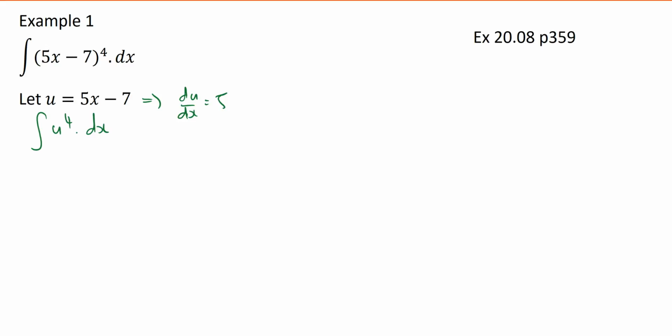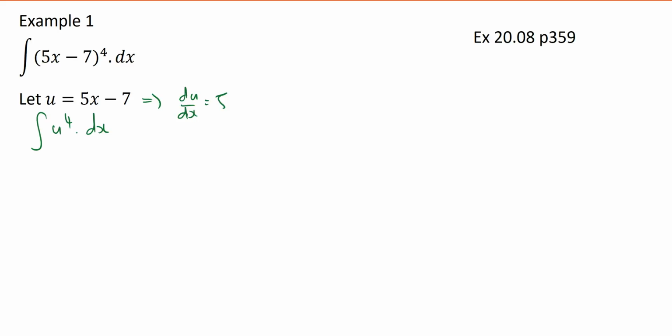Everyone happy with me so far? I'm finding out my du by dx part at the moment. When I differentiate u, I'm going to get an answer of 5, aren't I? Does that make sense?